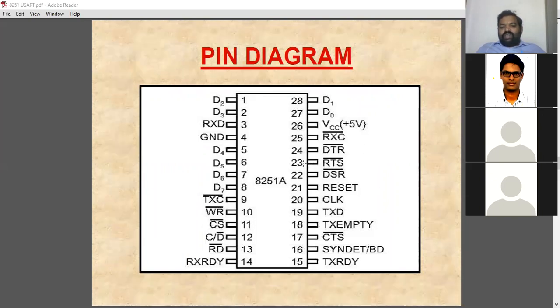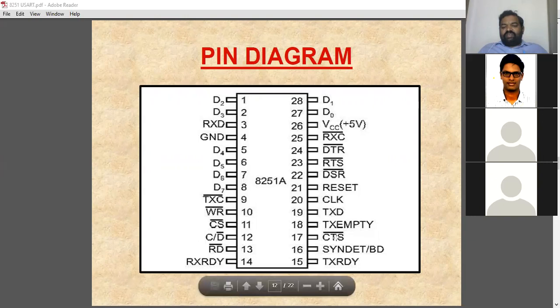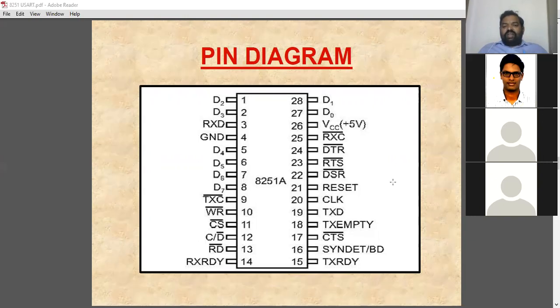After sending the request to send, the modem will send the clear to send signal and also the carrier detect signal, two signals. Once the 8251 gets the clear to send signal, immediately the 8251 will transmit the data. So these pins are very, very important.